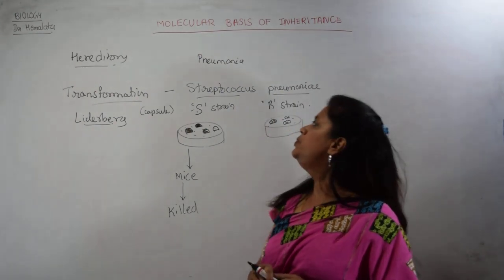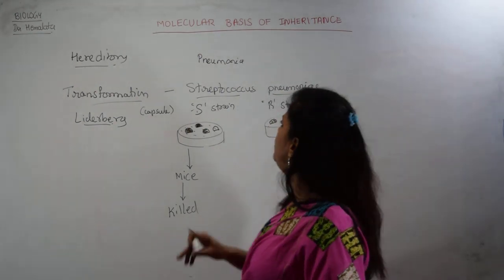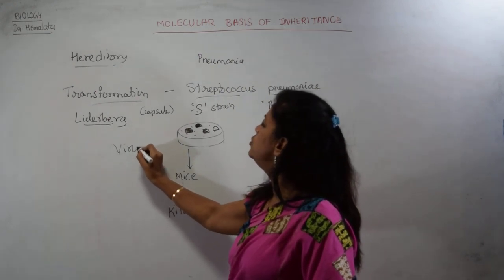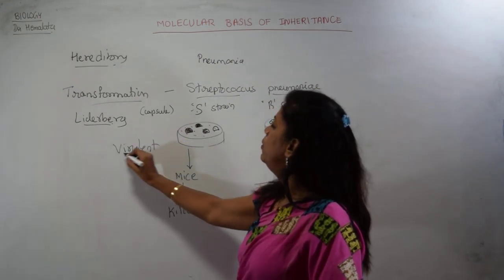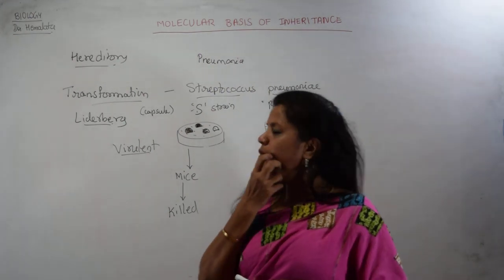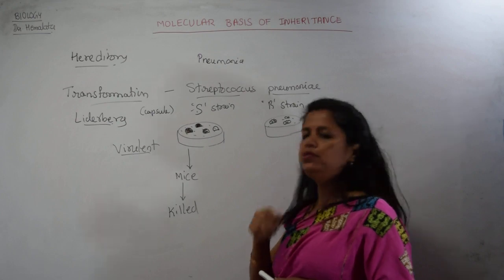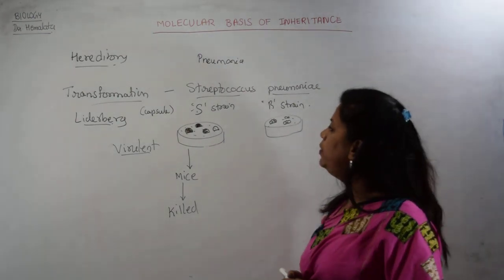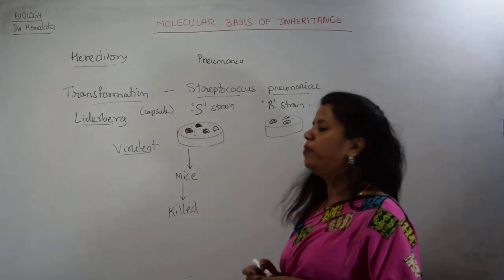That means this is harmful bacteria. Therefore, he called this strain the virulent strain. Virulent refers to bacteria which are harmful, so whenever it was injected into mice, they got killed because they developed pneumonia.